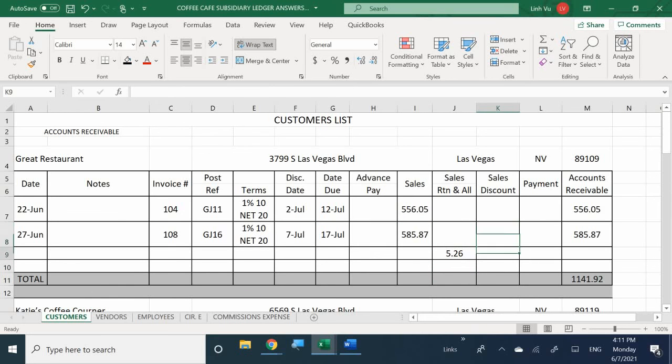No, I got 556. Right, because you forgot to minus the $30 for delivery. You can't discount delivery charges. You can only discount the original sales. Oh, and this doesn't go into sales returns, excuse me, it's supposed to be in sales discount. Yeah, sales discount. Right, because they got a discount. Oh, okay, hold up.